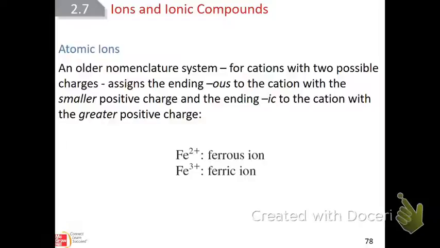There's no -ous and -ic. So the stock naming system is what we use almost exclusively today. And there are a few compounds, like iron, with ferrous and ferric, that it's still fairly common to see named with these suffixes, -ous and -ic.